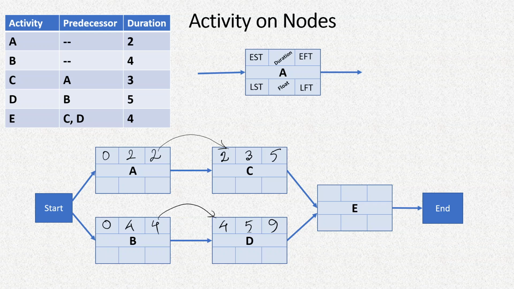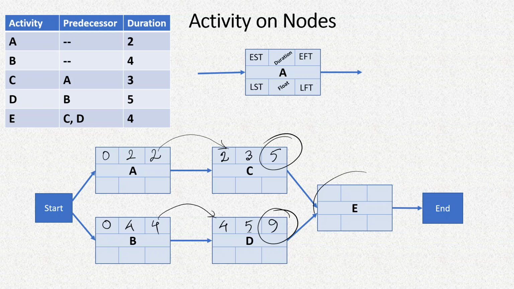After that, we'll go to activity E, where we'll have to look at its earliest start time. That means we'll have to take the maximum of the finish times of the previous activities. So this activity can be finished on the 5th day, while this activity can only be finished on the 9th day.